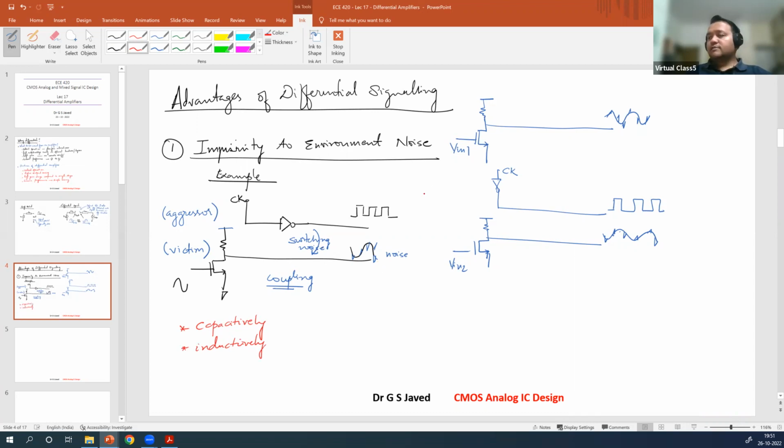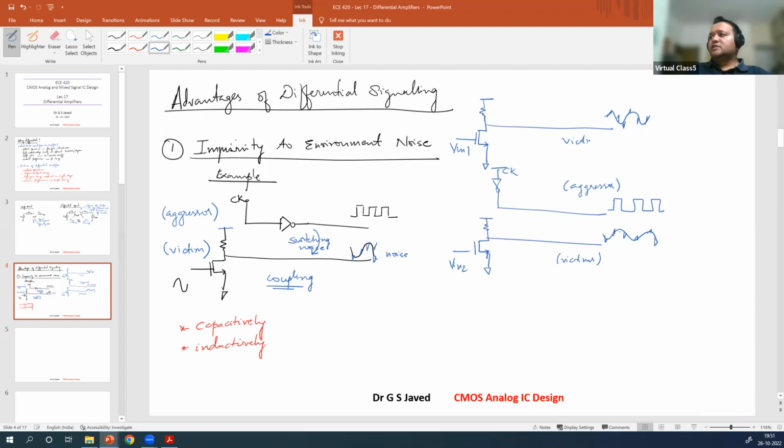So if you want to make it immune, you can have the differential signal on either side, and the aggressor present here will affect both the victims uniformly.